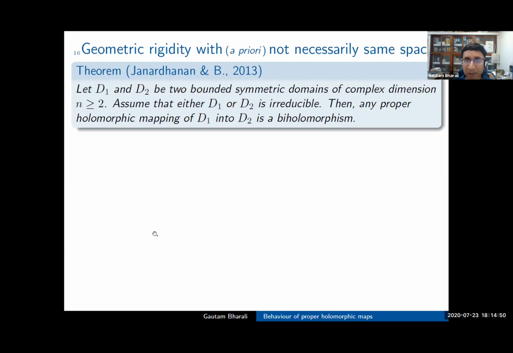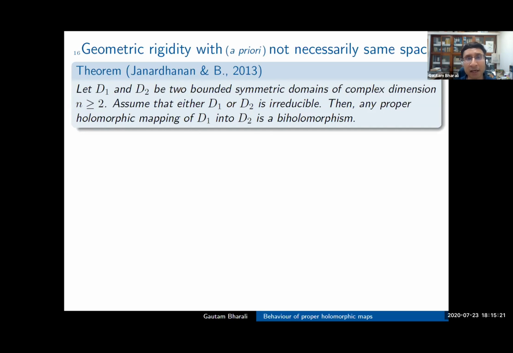I'll probably take maybe a tiny bit more, but having foreshadowed the result, I want to state it. So I have 2 bounded symmetric domains of the same complex dimension, but please note they are of dimension 2 or higher. Now assume, so I'm not a priori assuming that D1 is equal to D2. This is the big difference, okay?